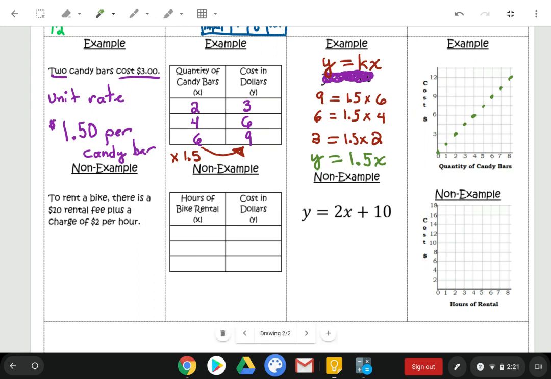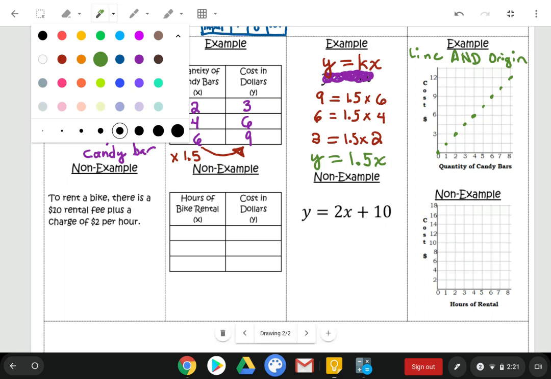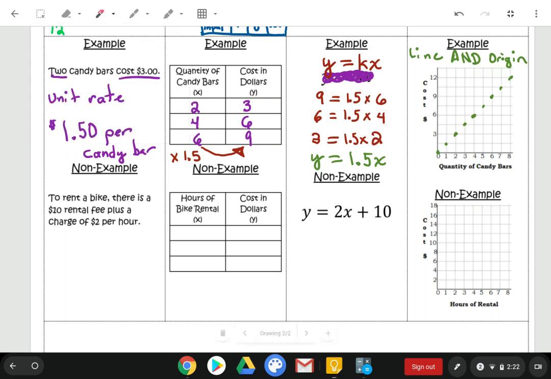Our graph is a line, and our graph passes through the origin. And remember, the origin is the point 0, 0. I'm going to put a star down here at the origin just so we're clear that the origin is this point right here.